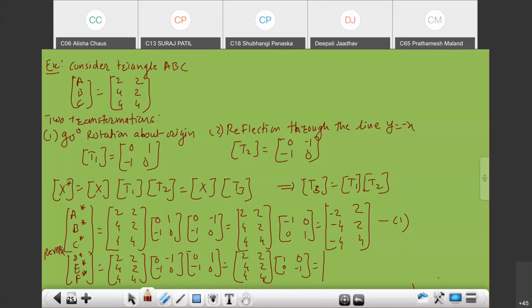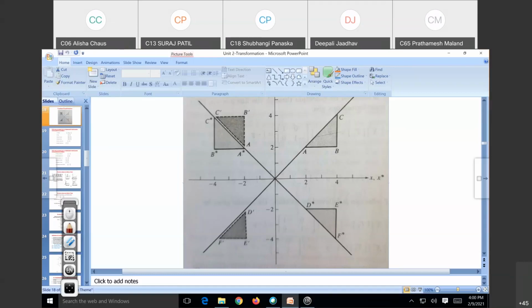Now what happens here? We need to negate the values of the y coordinates. Now observe the first one, and this is shown here. So this original ABC results here.